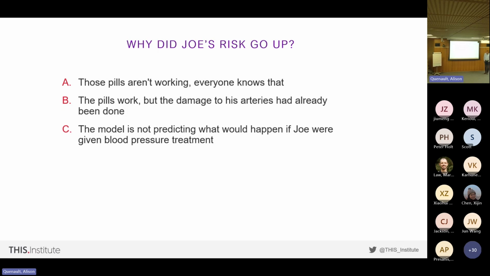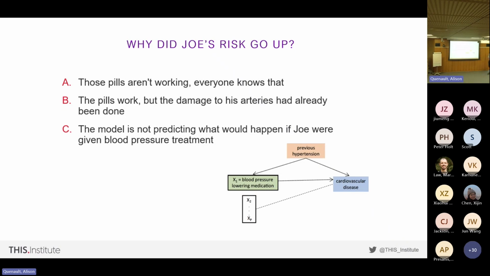Yeah, absolutely fair point. So basically, it is C, right? It is not predicting what would happen if we were to put Joe on blood pressure treatment. It's not a causal model. It's not intended to be used for this. And probably, we don't know for sure, but probably what is going on is that there's some unmeasured confounding. Joe has probably had previous spells of hypertension. He has it now, but his blood pressure has been high for quite a while.